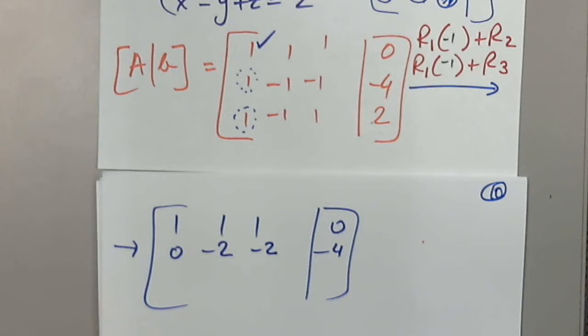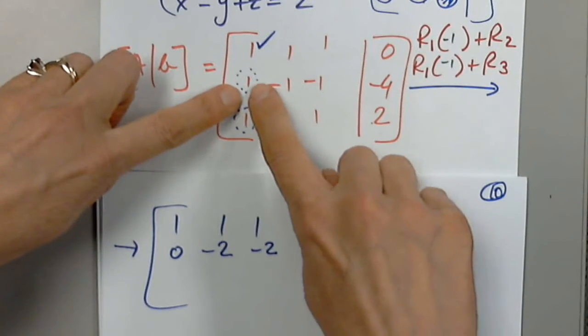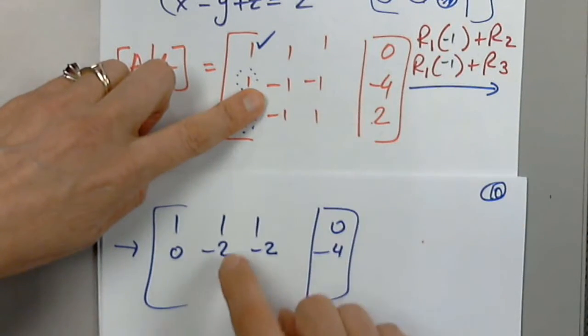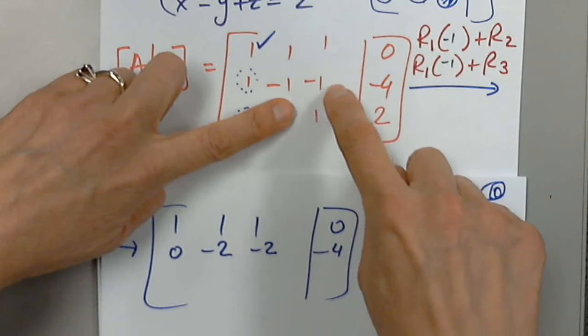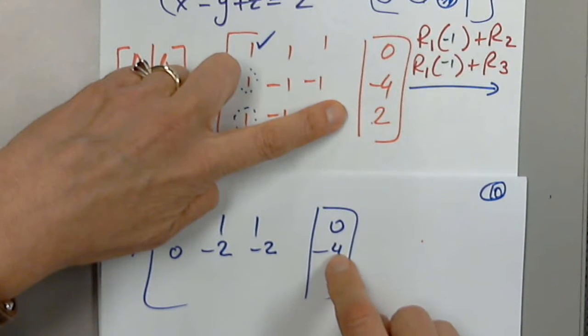Okay, let's do this one more time. If you have any questions, let me know. 1 times -1 plus 1 is 0. 1 times -1 is -1. Minus 1 is -2. 1 times negative 1 is negative 1, minus 1 is negative 2, and 0 times negative 1 minus 4 is negative 4.